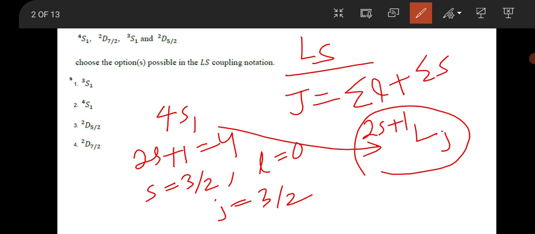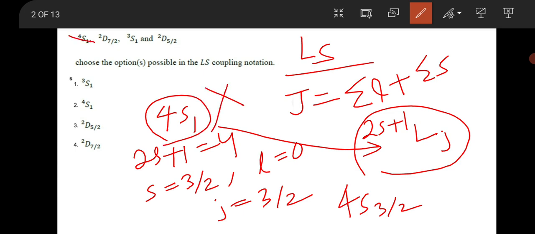So this should be 4S 3/2. But the term symbol given is 4S1, so this is not a correct term symbol.